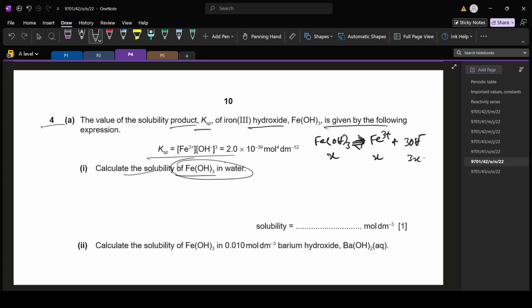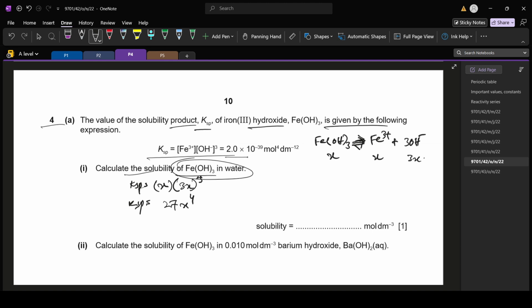So the Ksp will actually be x into (3x) cubed, so Ksp is equal to 27x to the power 4, sorry, x power 4.